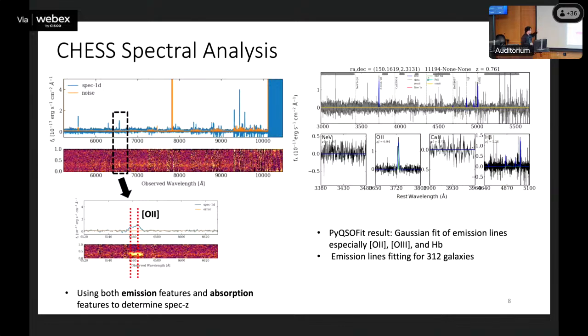We fit the [OII] line, H-beta and [OIII] lines as well, so we obtained around 312 emission lines from galaxies. A lot of the data is pretty noisy, so we were able to get around 300 galaxies with emission lines.